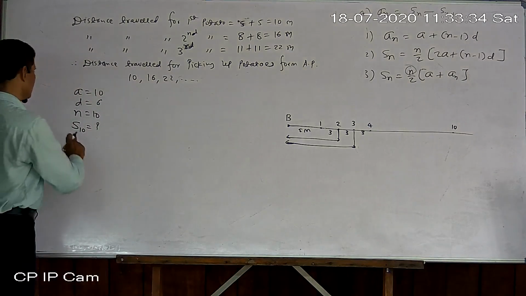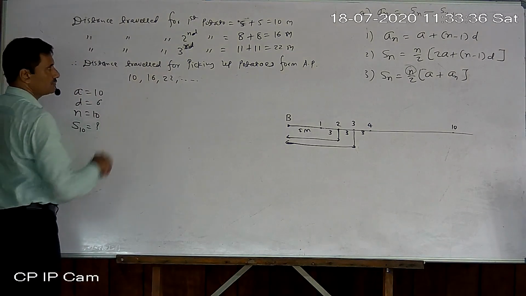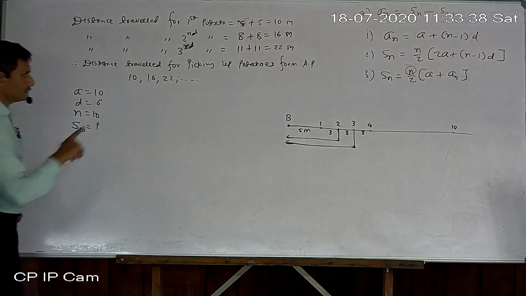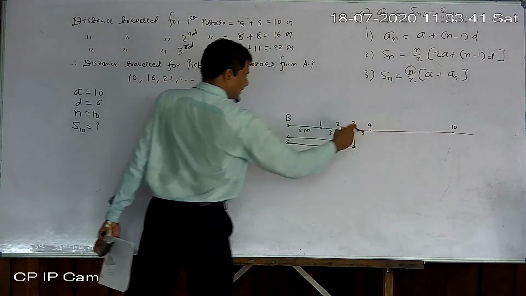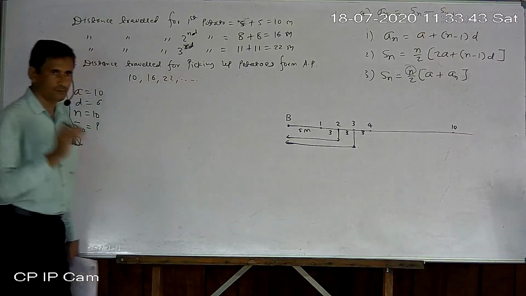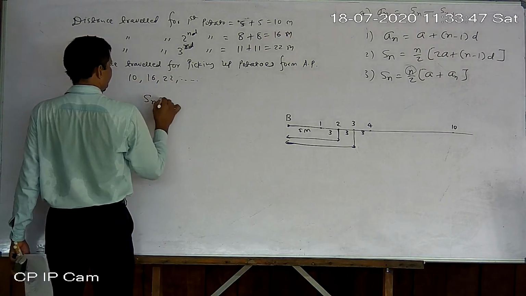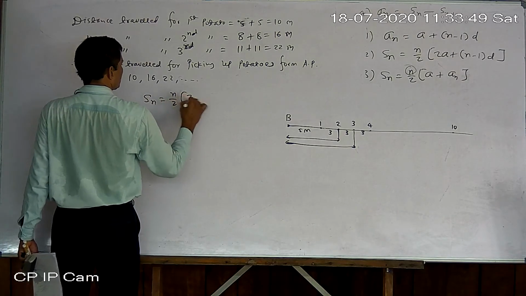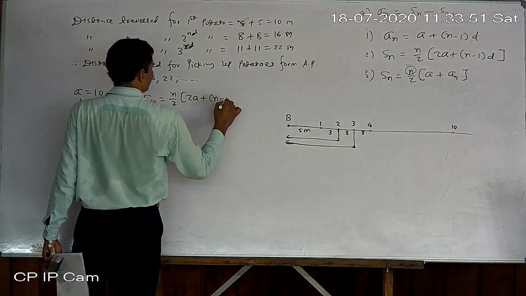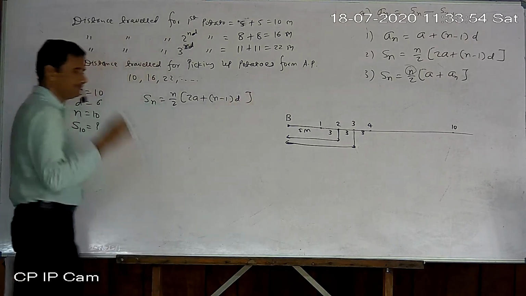That means S10 is asked. So obviously we have to use the formula of Sn, not the third one, because the last distance is not given and we have not found it. So use the second formula: Sn equals n by 2 times 2a plus n minus 1 times d.